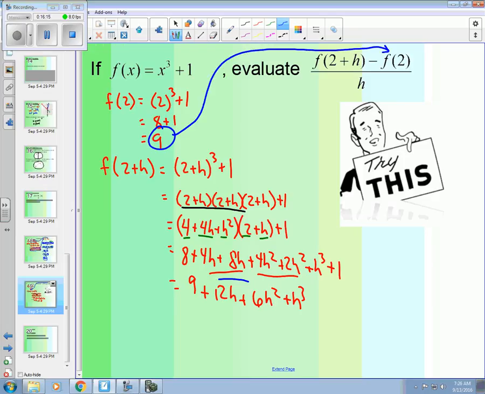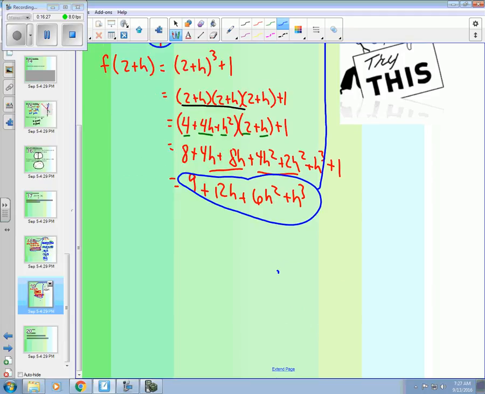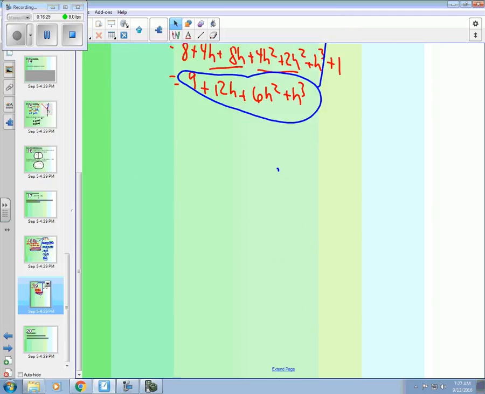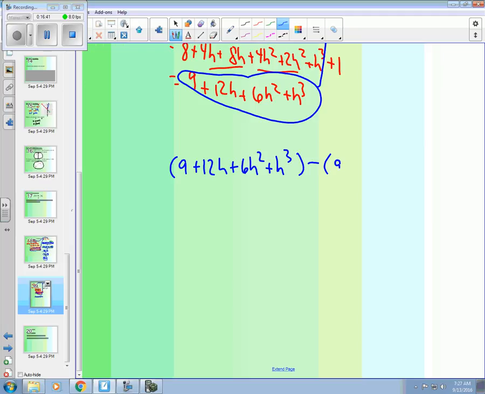We're going to put what we got right here in there and then evaluate this one. Okay, so let's do that. So putting those into the difference quotient, you're going to have this one minus 9 all over h.